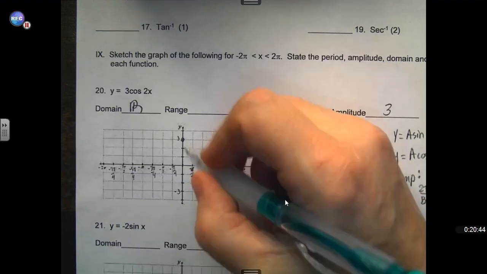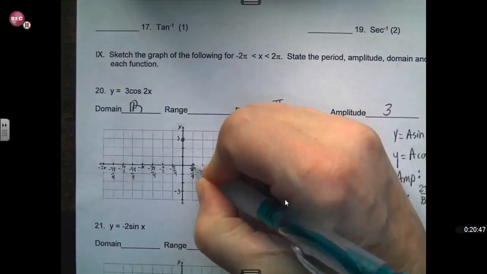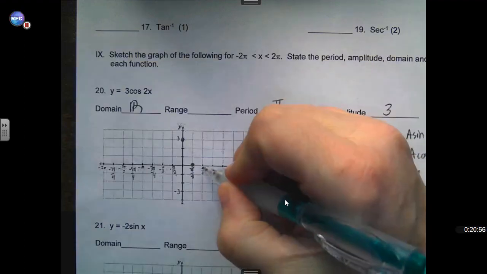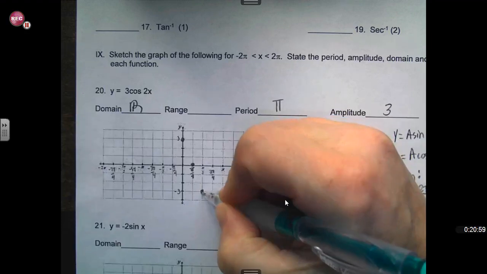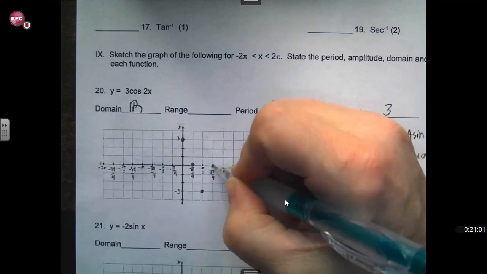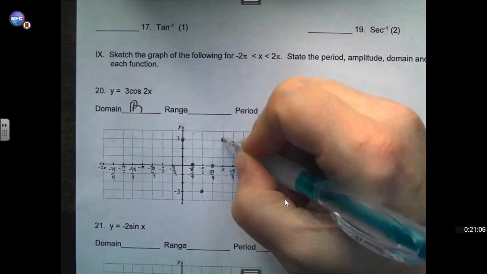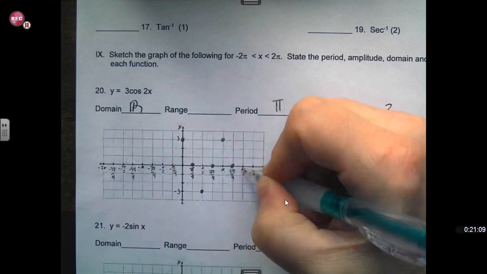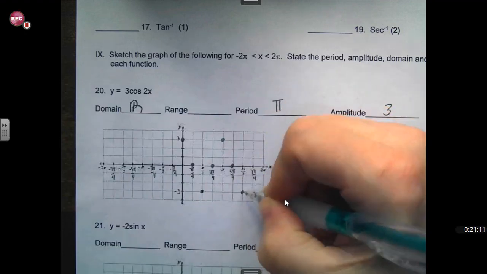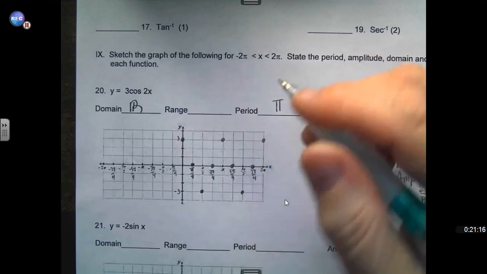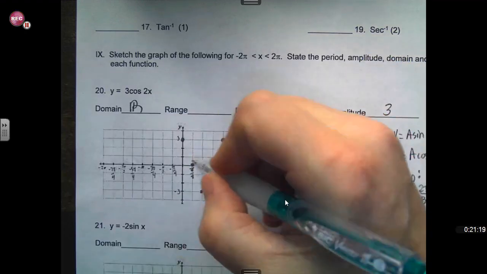And that means that if I plug pi over 4 in, I'm actually going to get 0 because it told me to count by pi over 4. So at every pi over 4, we're going to have something. Okay. So at pi over 2, we're going to have negative 3. At 3 pi over 4, we'll be back at 0. At pi, we'll be back up here at 3, and then back to 0, and then down here, and then back to 0, and then the other way, we fill that in.